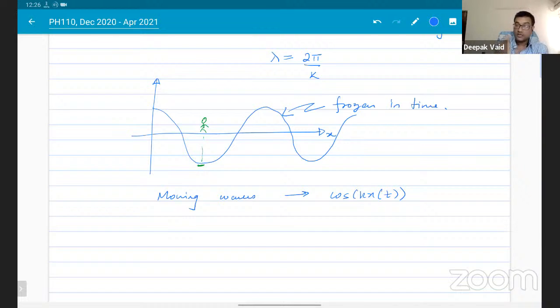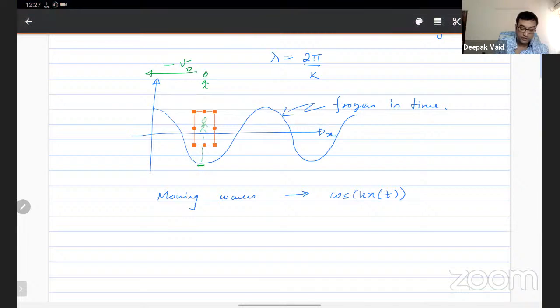Another way to look at this is to say that you have an observer who is moving in the negative x direction with some velocity v naught with respect to the original observer, right?